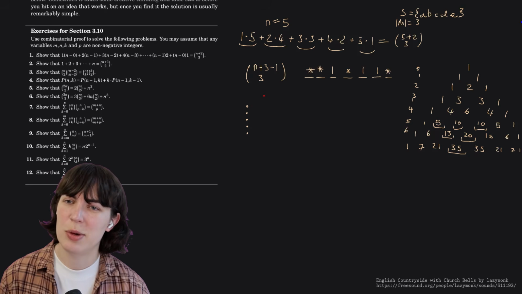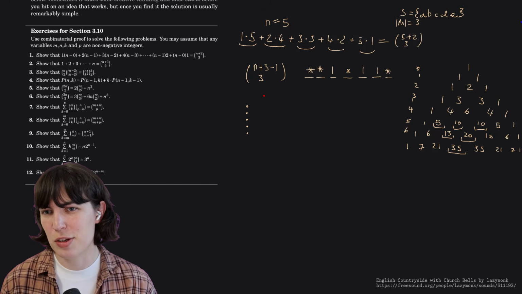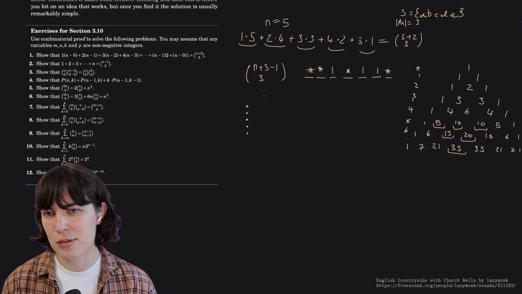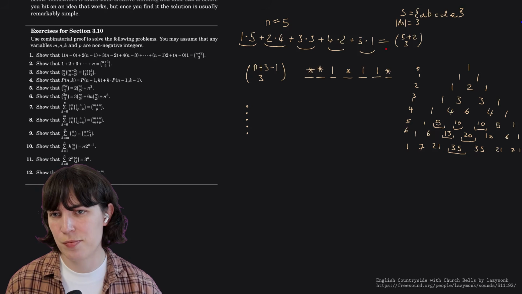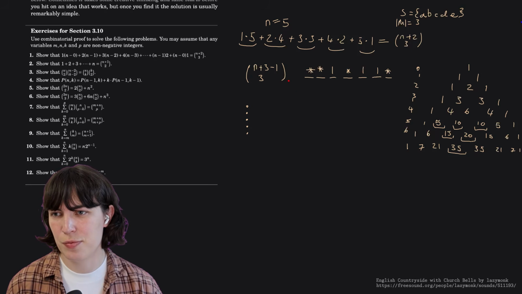Well, actually we're choosing 3 dividers, right? So I suppose it doesn't matter how many elements we're choosing. This is just going to be the number of... Maybe this is confusing me more now. It's going to be the number of elements left.